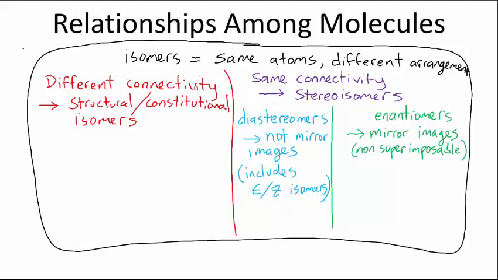All right, first question you're going to ask is the broad distinction. Do they have the same connectivity or different connectivity? Or actually, even before that, we could say, do they have the same chemical formula? If they don't have the same chemical formula, they're not related. Maybe I'll draw this in flowchart style.